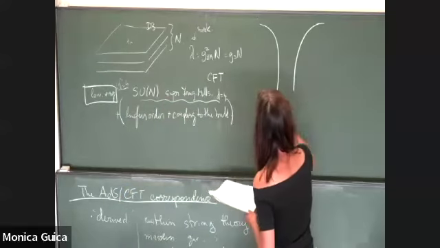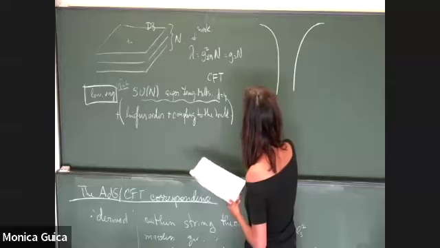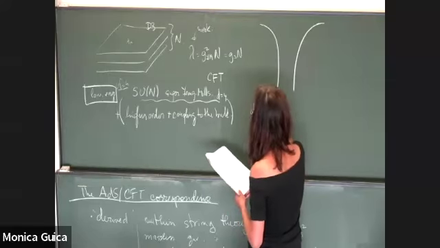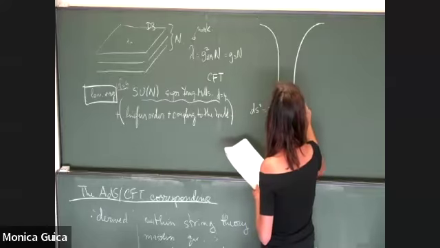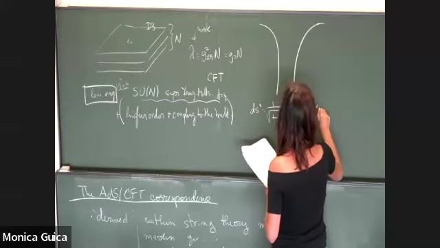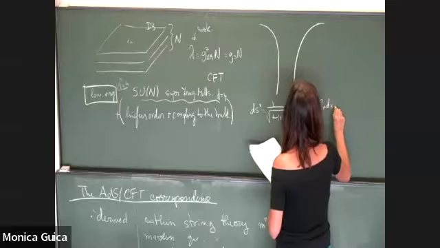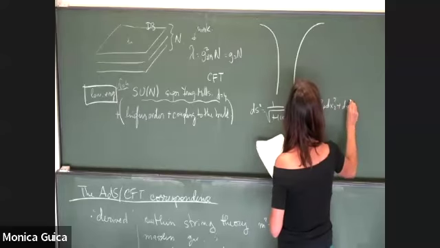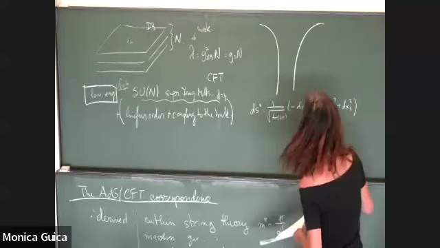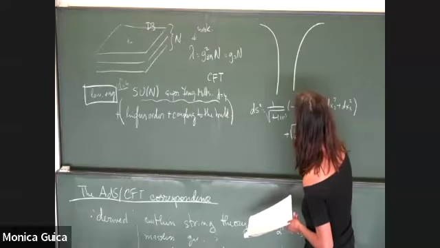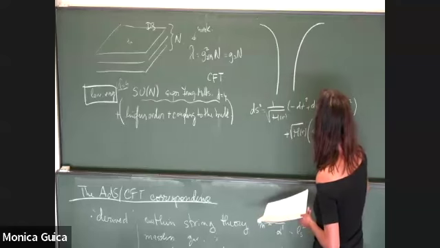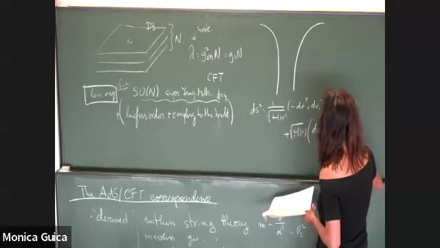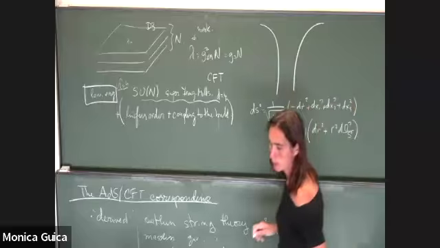This solution is described by some metric, which is very simple. It's 1 over square root of some harmonic function times minus dt squared plus dx1 squared plus dx2 squared plus dx3 squared, plus the square root of the same H of r times the orthogonal flat space, basically dr squared plus r squared d Omega S5 squared. So what's happening?